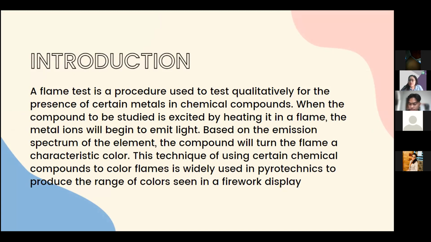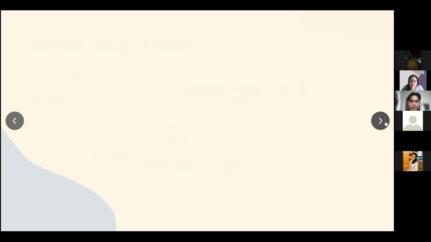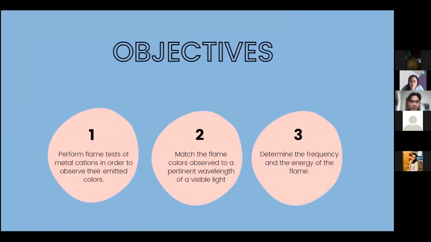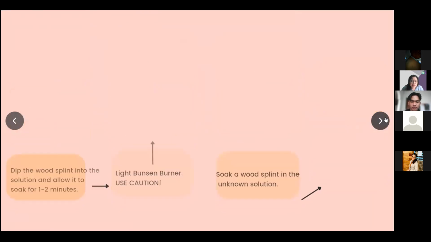However, that is just momentary. They will go back to their ground state, or the lower energy state, and as they go back, they emit the energy they absorbed. The energy will be in the form of light, and they have different colors because it depends on the part of the electromagnetic spectrum that the energy hits as the electrons go back to the ground state. So that is the rationale behind the flame test. We'll get to the procedure later.